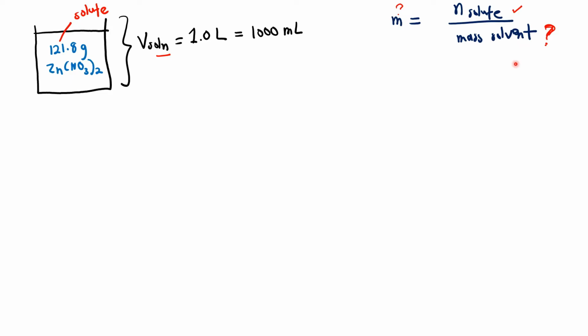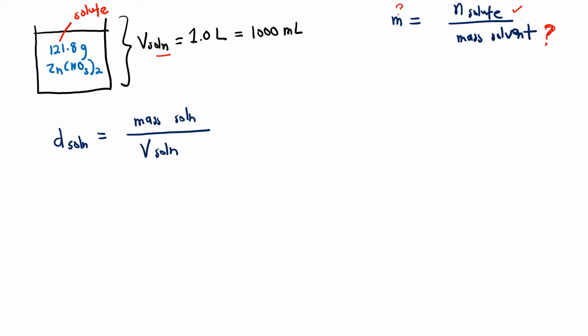So how to find mass of solvent? The answer is we already have the value of volume of solution. And don't forget, in the question the density of solution is given. So according to the formula of the density, density of solution equals mass of solution over volume of solution.